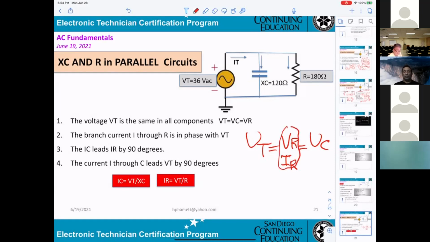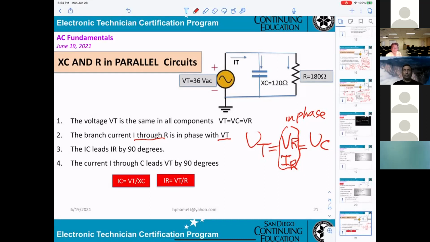IR and VR are in phase, and VT and VR are the same. So that's why they say the current through R will be in phase with VT. Can you follow that? IR is in phase with VR, VR and VT are the same, so IR is in phase with VT. Okay?